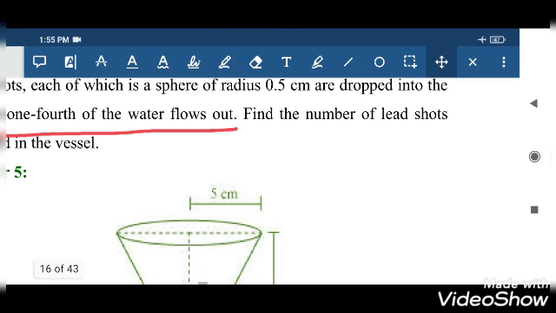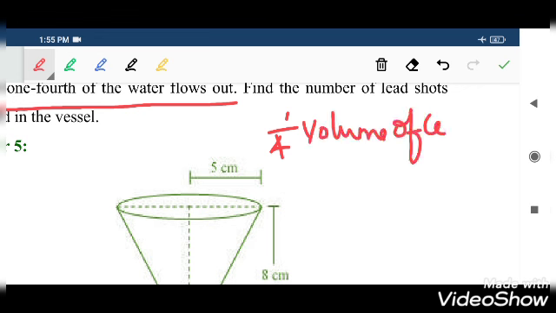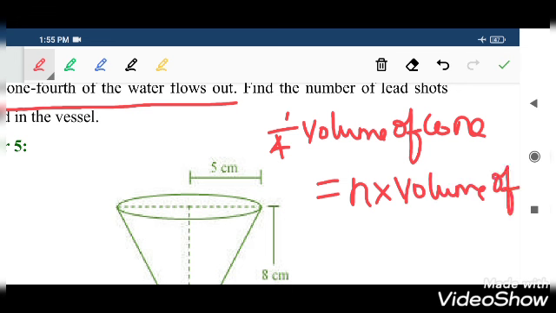First, 1/4 of the volume of the cone, this dropped out water, is equal to, and next we don't know, so n into volume of lead shot. So what is the formula we have?